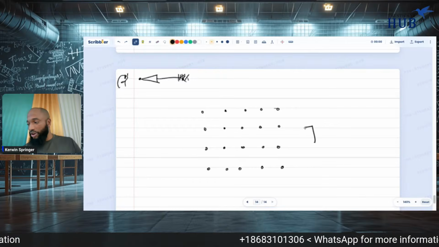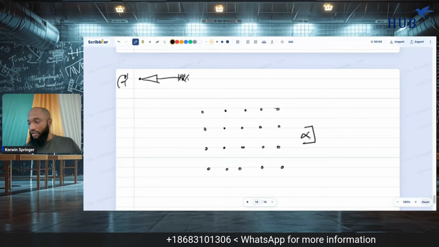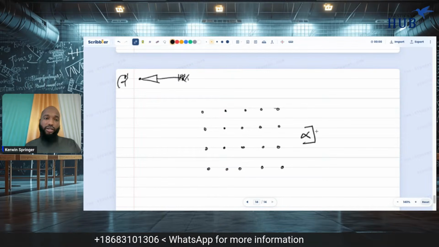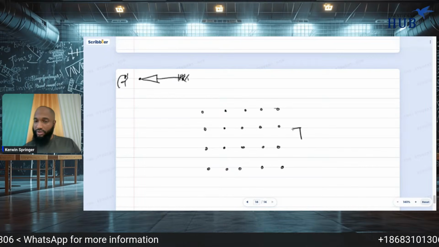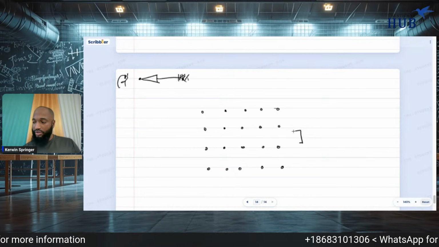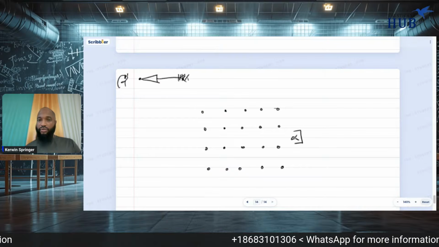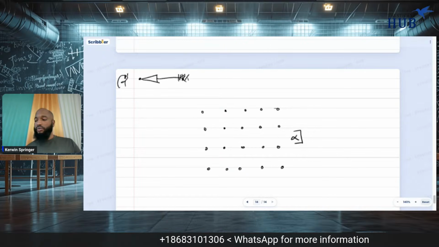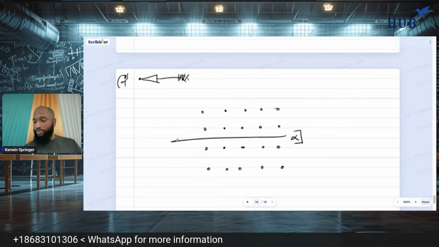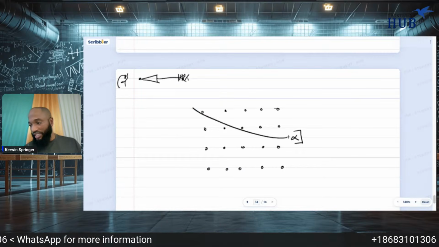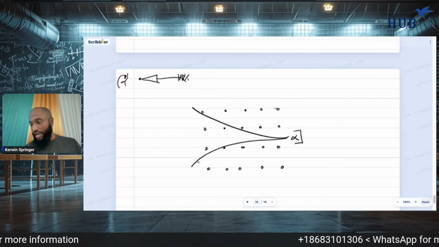So if I put a radioactive source here and I say, let's just do alpha. What would be the deflection of alpha? We know it's not going to go straight through. That is gamma's job. So we need to determine whether it's going to bend up or down.